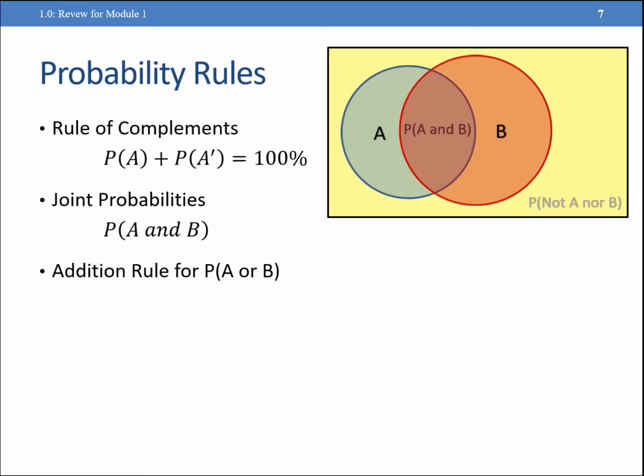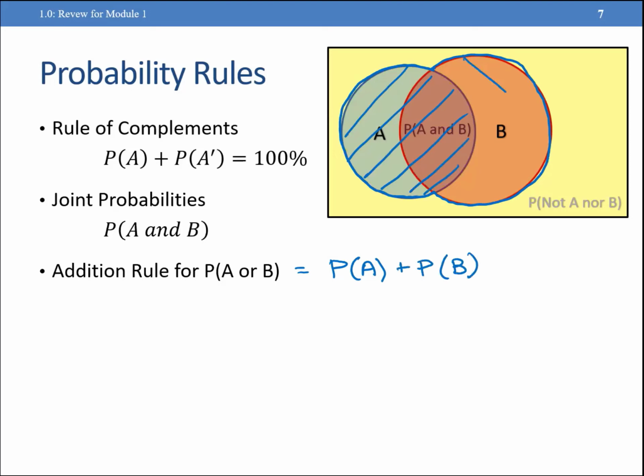Now we have the OR probability as well. The OR probability is a little bit different because now we're talking about everything within these circles, A or B. Can you see that? So how can I calculate that? Well, I can look at the probability of A, that would cover this, plus the probability of B. But what's the problem if I leave it there?